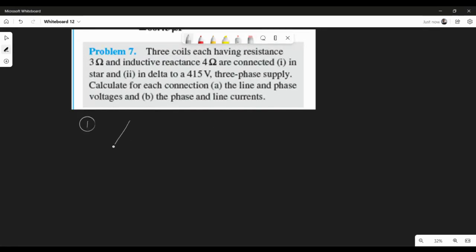Number 1, in delta, the line voltage is 415 volts. Number 2, we've got star, and the line voltage is also 415. Each phase is a resistance of 3 ohms in series with an inductor of 4 ohms.